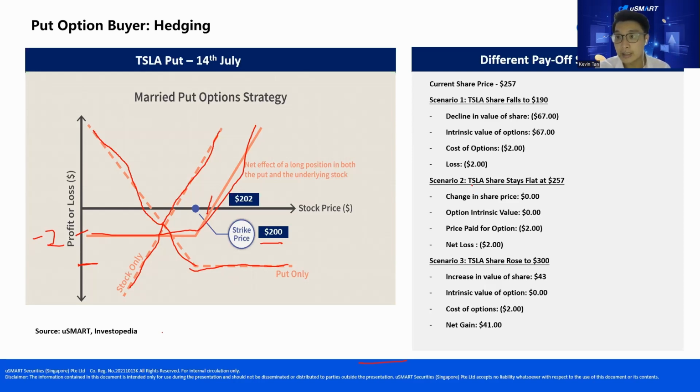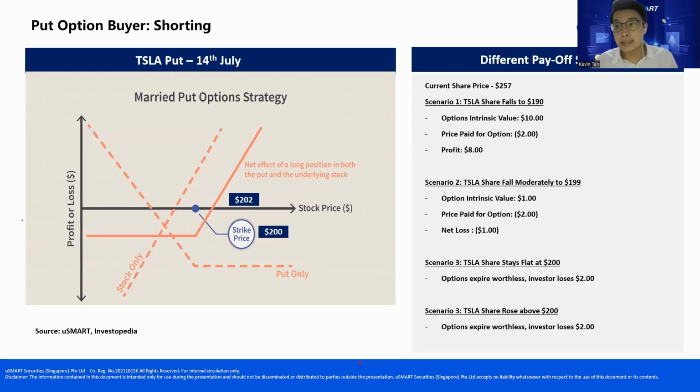Very likely, it will be better for you to sell Tesla at $300. And given the fact that the option actually costs you $2, you will suffer a loss of $2 from the option, and this results in a net gain of $41.